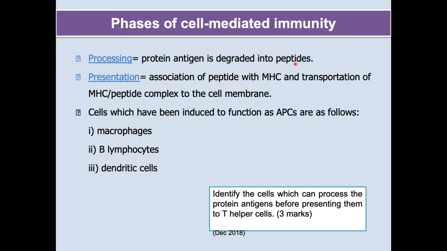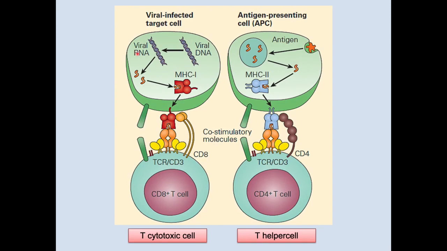For example, a virus or viral DNA has invaded a host cell. Then the viral DNA will be degraded and processed into small fragments so that it can be presented on its surface.